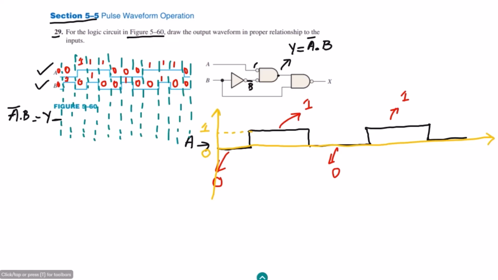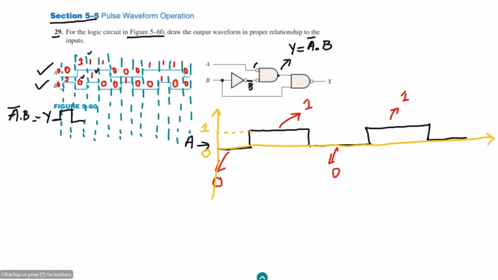So 0 complement multiplied by B equal 1 would be 1. Up to this point we will have 1. Here A is complemented, which will be 1, and B is now 0. So 1 multiplied by 0 is 0. So here we will have 0 up to this point.